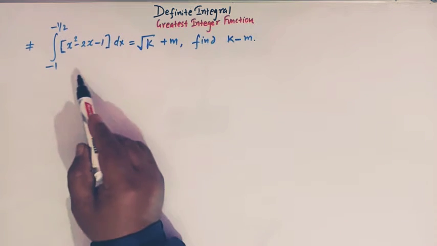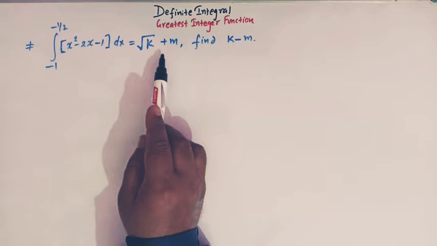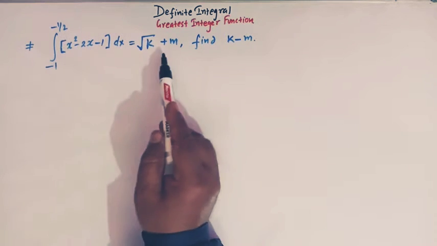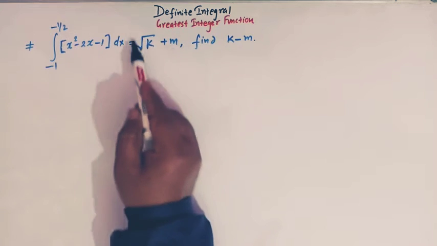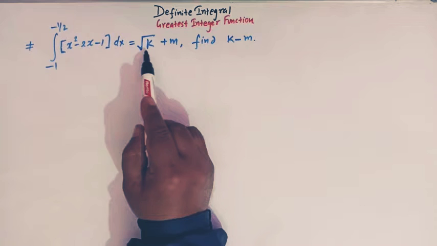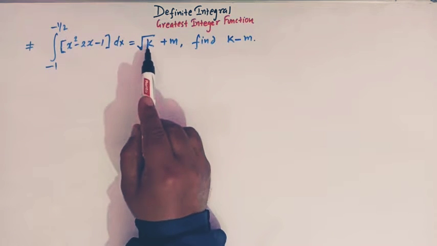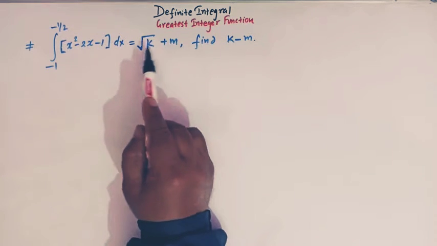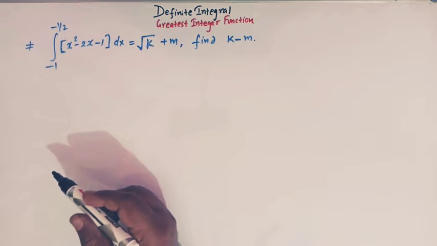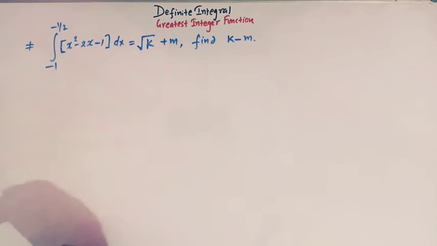So this expression implies that the value of this definite integral must be of this form, and we have to find the values of k and m, and then we can easily find k minus m, where k and m are some integers.